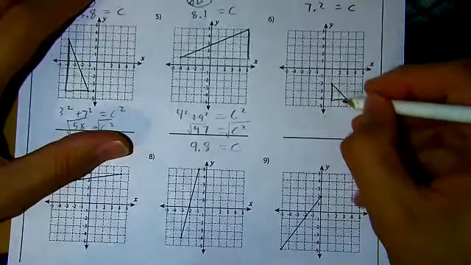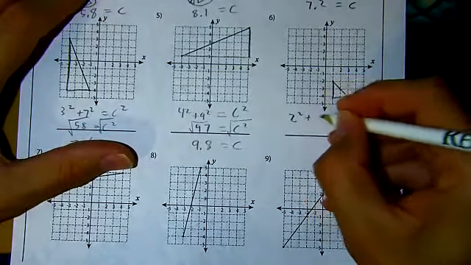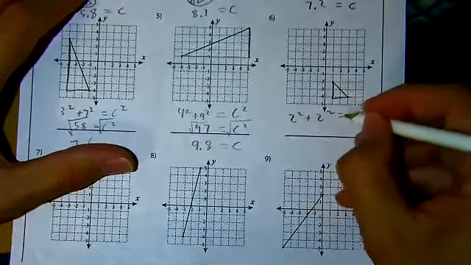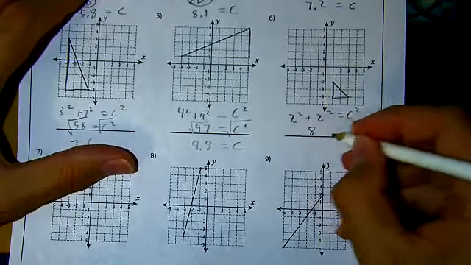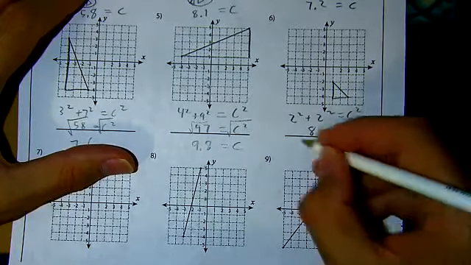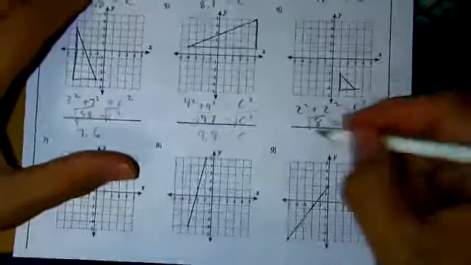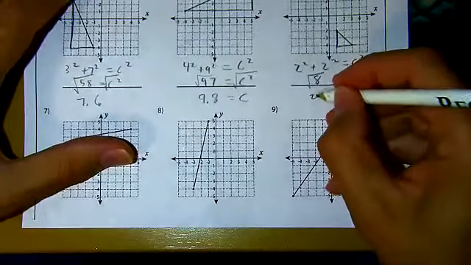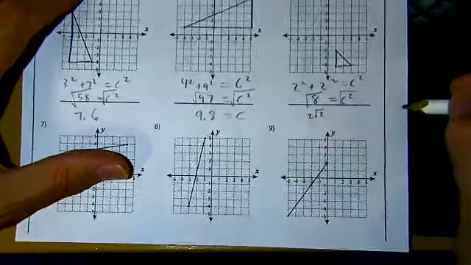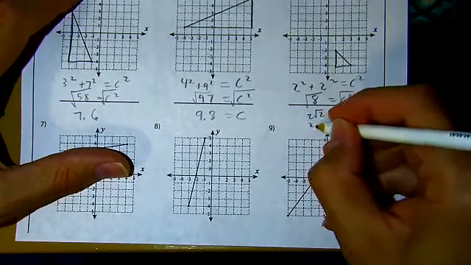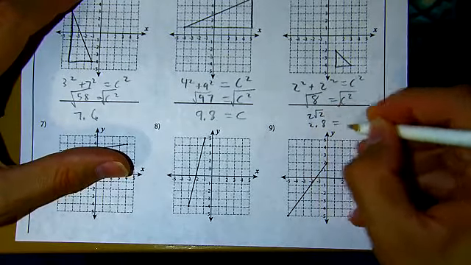This one's going to be 2 by 2. Square root of 8. I think when you punch that in, you'll get 2 square root of 2. So you got to hit the change key, and that's going to give you 2.8.